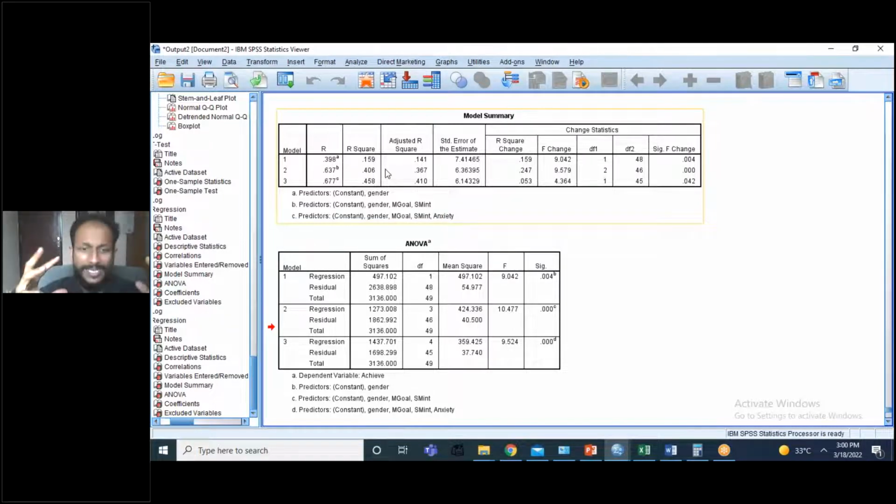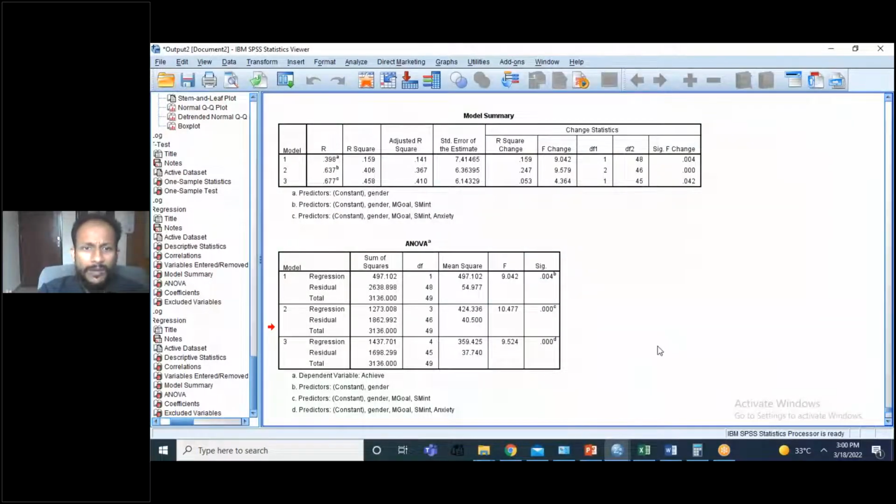So it says that a person's gender determines whether a person achieves or not, which has a significant impact. Then M goal and S mint come second. And then third comes gender, M goal, S mint, and anxiety as the third one, right?